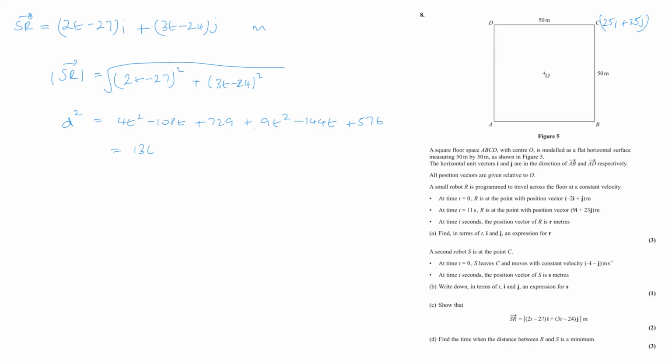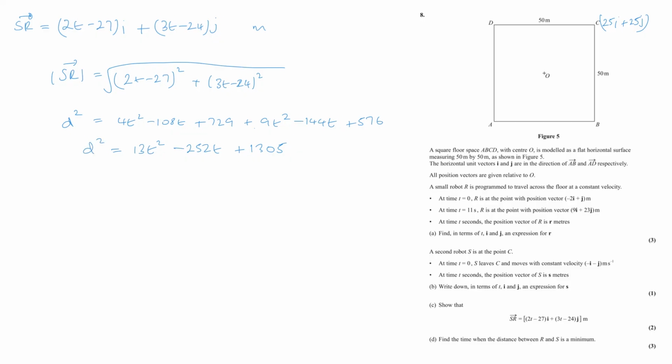So it's 13t squared, minus 252t, plus 729 plus 576 is 1305.